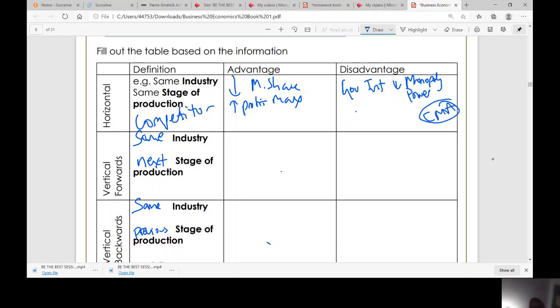Also, you could gain diseconomies of scale. This isn't a topic that we've done, but that stands for diseconomies of scale, and that might reduce your efficiency. So if you get too large within a market, you may reduce efficiency. A linked point is that you may also gain economies of scale on this side.